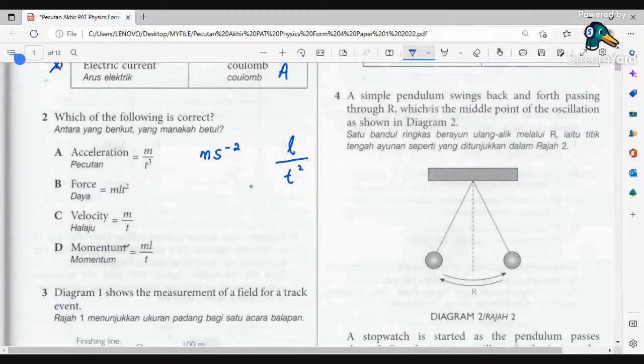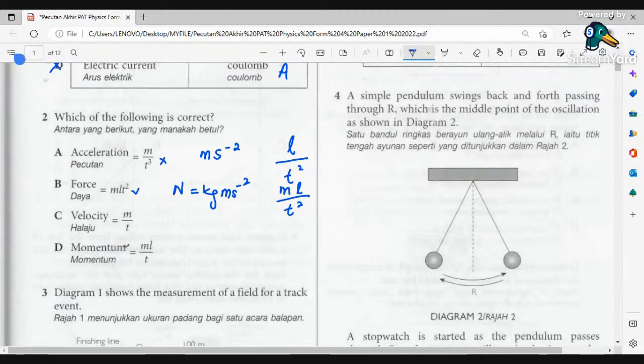Force is Newton. Newton is kg meter second negative 2. So the combination of base quantity should be M, L, T negative 2, or divided by T squared. I think this one also wrong.